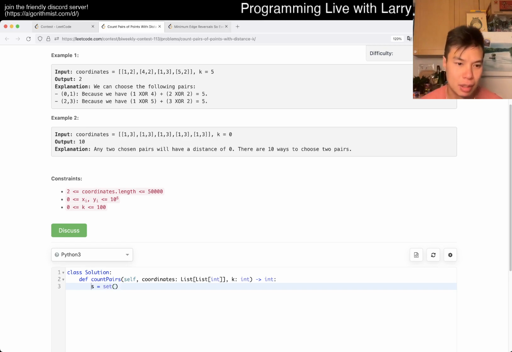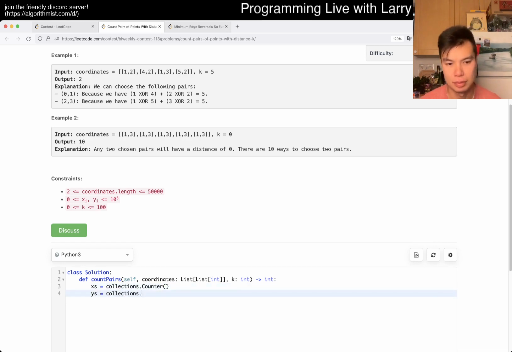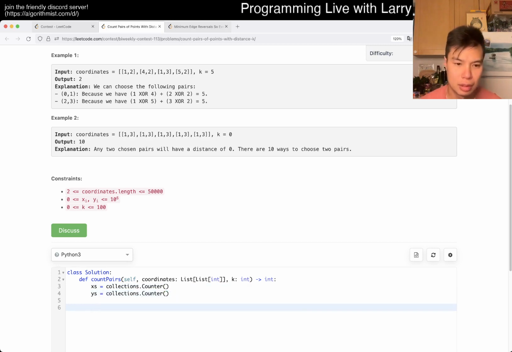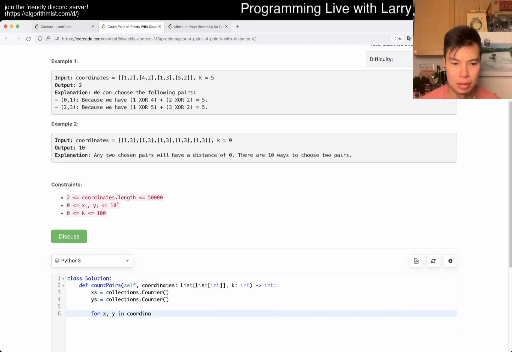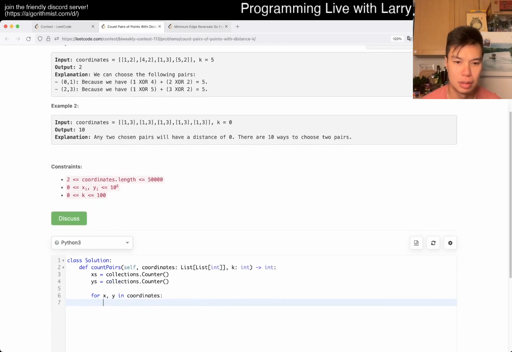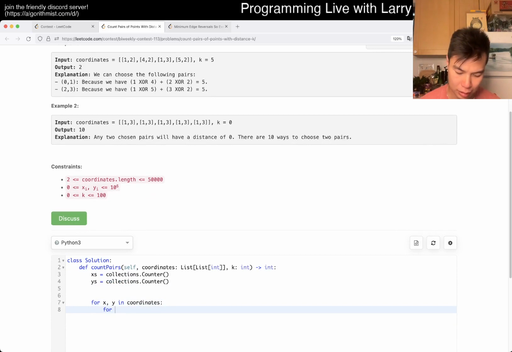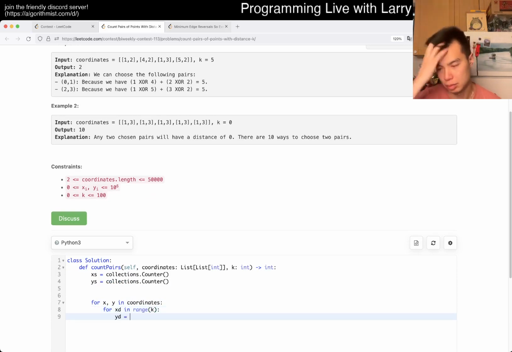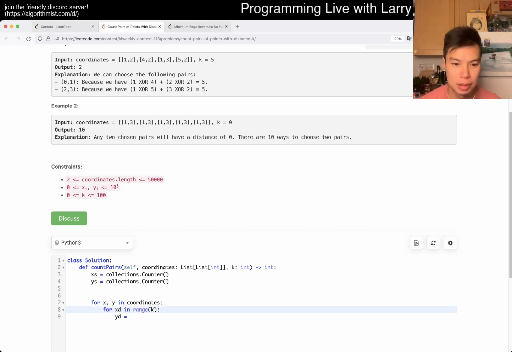I guess x and y is something. Oh, I said it. Right, so then now for x, y, let's, for zero to k, k minus x t, right?